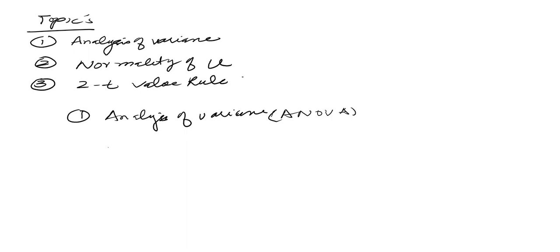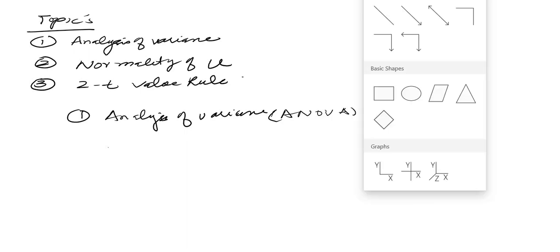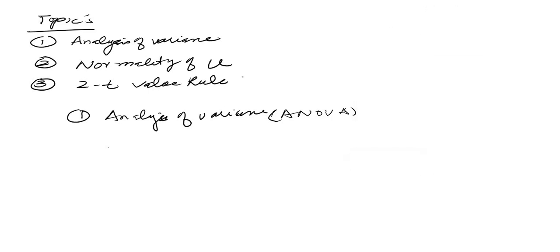If you remember the diagram, I'll try to make one here. This is x, this one is y, and we have this regression line y hat, which equals beta 1 hat plus beta 2 hat x.